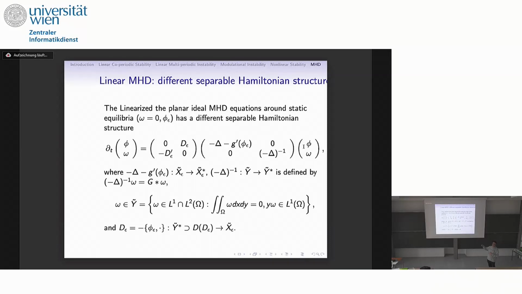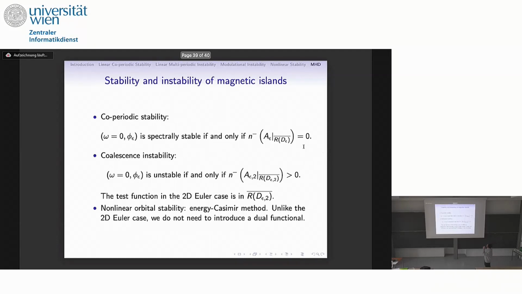This justifies the discovery by physicists through numerics. But it's a little more subtle if you want to study the instability of 3 magnetic islands; that is not yet done. But for double periodic, we can also do it for the MHD case.